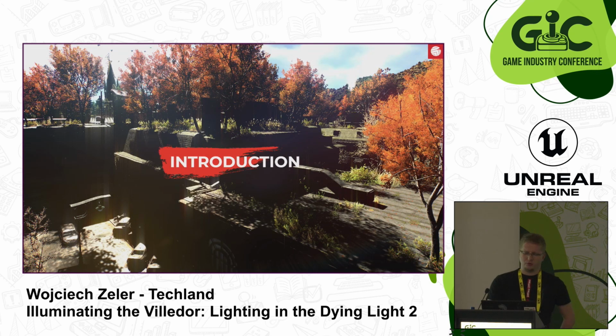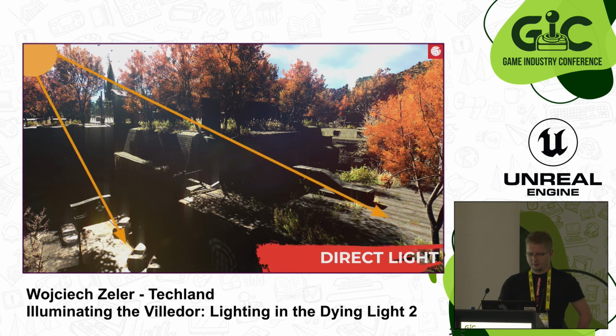Now I will show you two examples of direct and indirect lighting to make sure that we are all on the same page. Direct light is a light that comes directly from its source. In our engine, it may be the sun, a lamp, a particle, or an emissive material. In this case, our only light source is the sun.